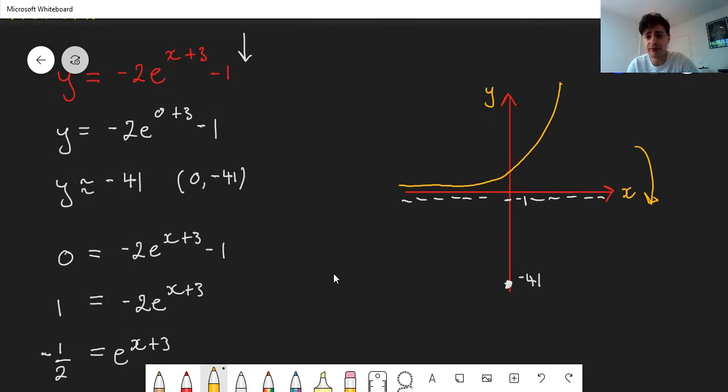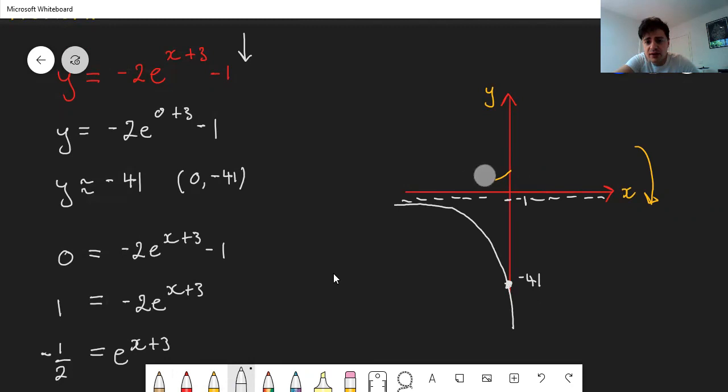So I think this is enough information to tell us what this graph really looks like. If we reflect it across the x-axis, it's going to come across like this, and it's going to intersect with -41. And that is just enough to sketch this graph.